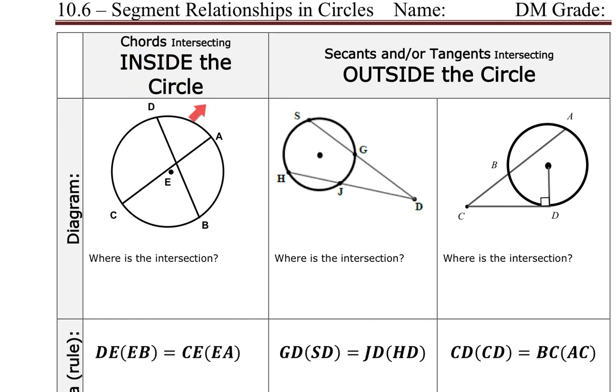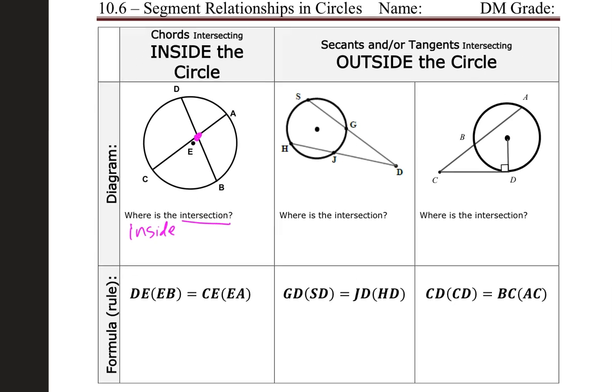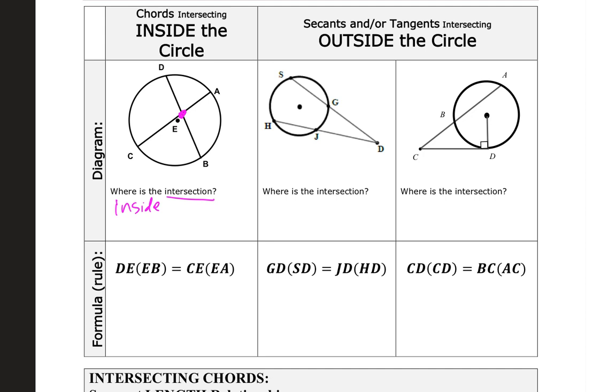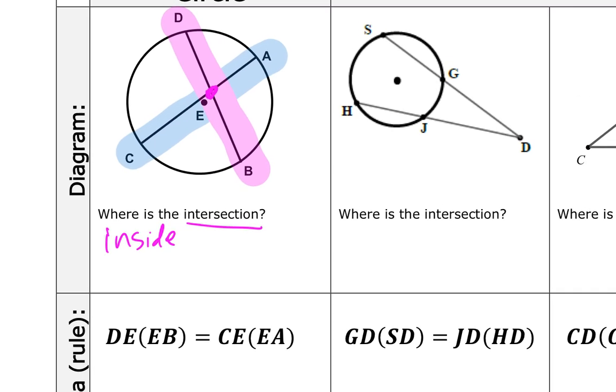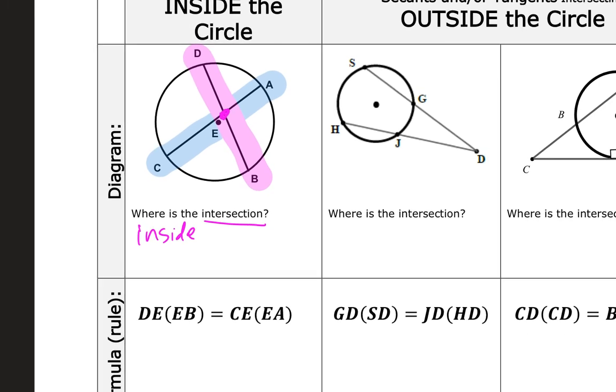So first off, if it's inside the circle, if it meets right over there, we would say the intersection is inside. This is the rule that we're going to use. We're going to think of it as two different chords. I'm just going to color those differently. Here are the relationships.